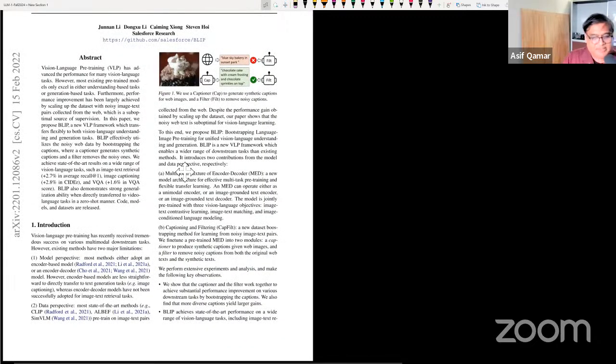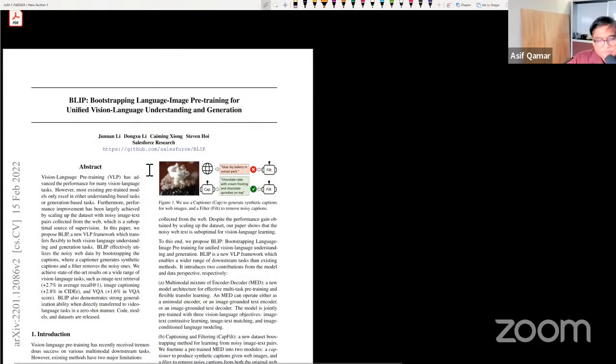Let's read the abstract. First of all, the word CLIP has become BLIP. It says bootstrapping language image pre-training. Bootstrapping usually refers to starting from the ground up in some sense.